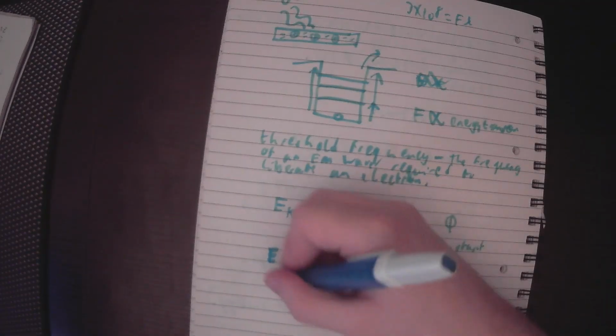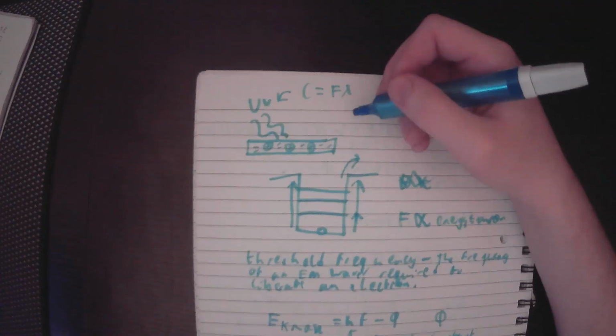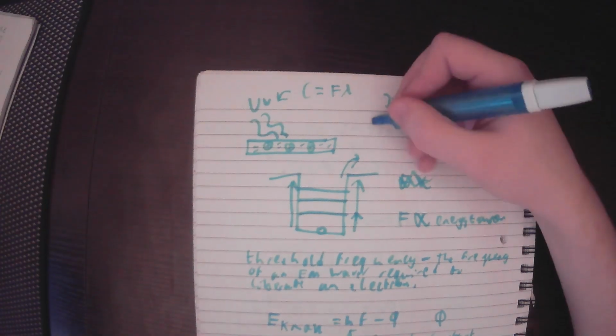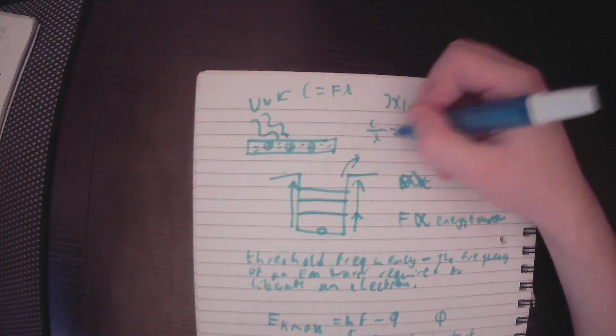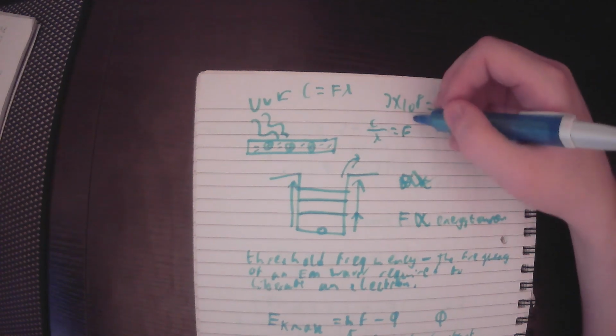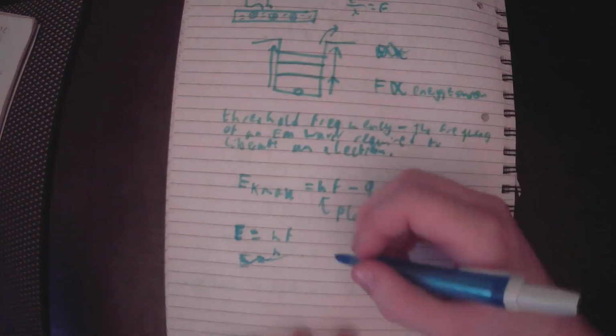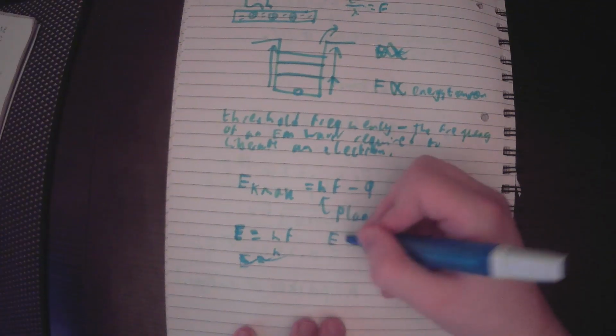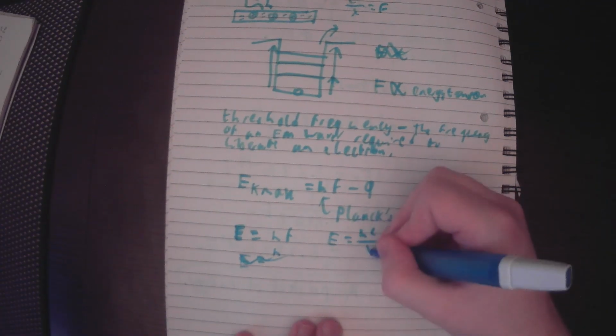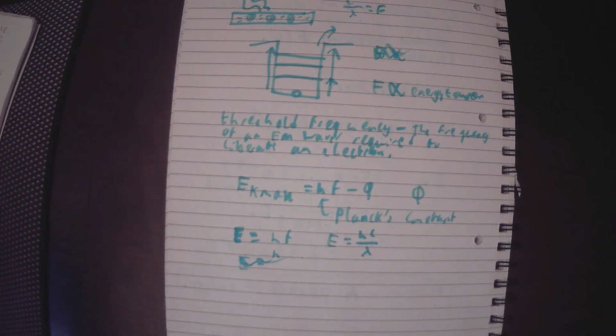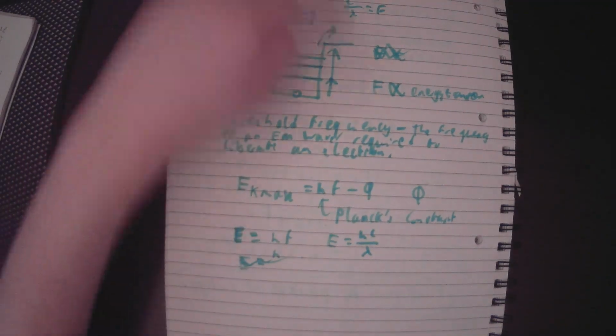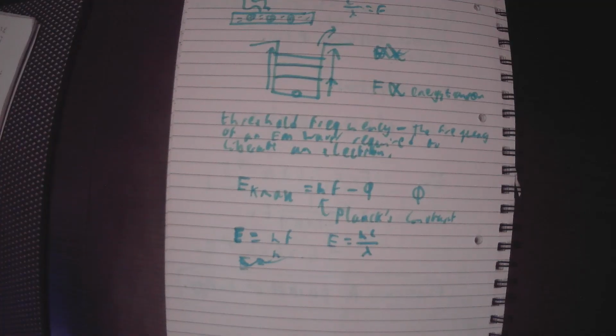If we rearrange this equation, C equals F lambda, to get C over lambda equals F, you can sub that into our E equals HF and get E equals HC over lambda. I'm uncertain as to whether this is an equation that you get in your formula booklet, but you do get all the other ones required to construct it, so you should be able to derive it, or at least use it in some way during your exam.